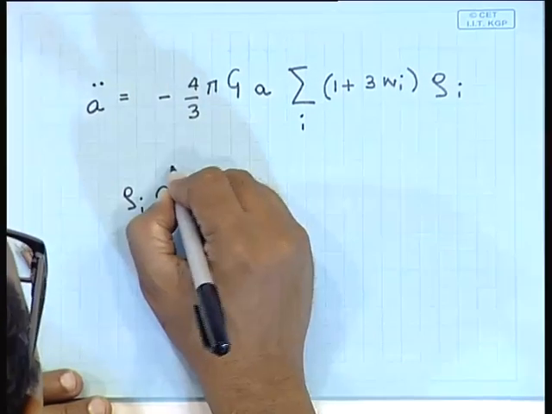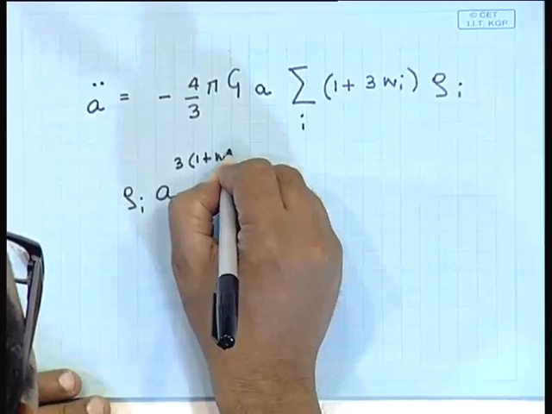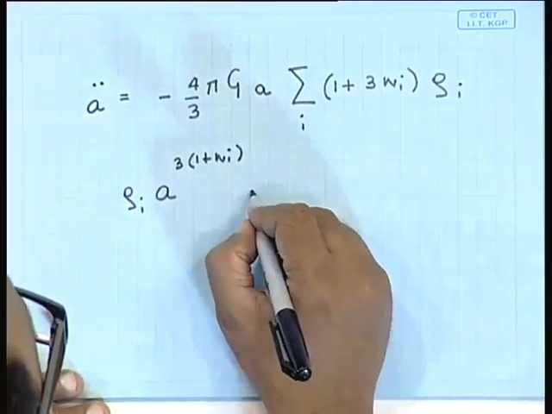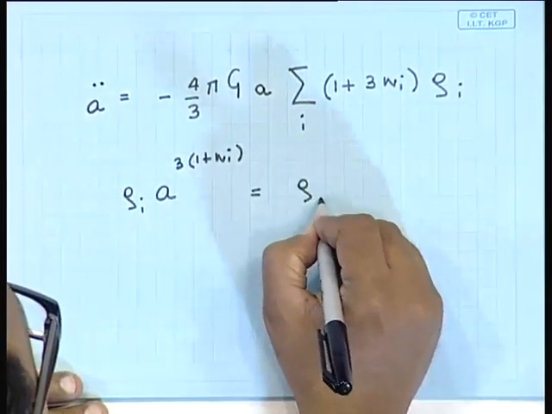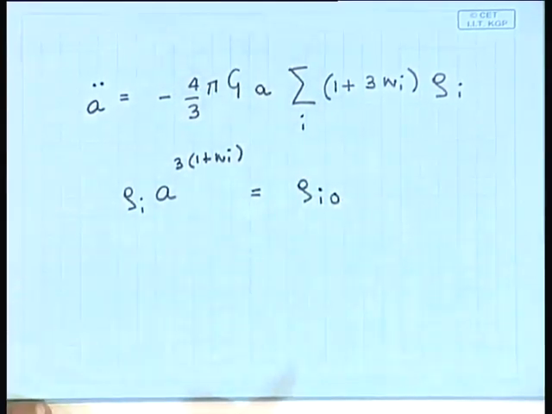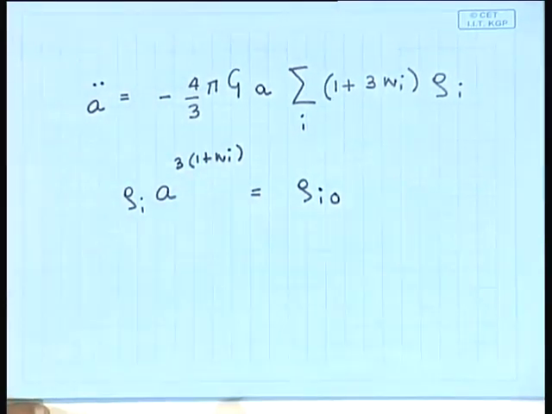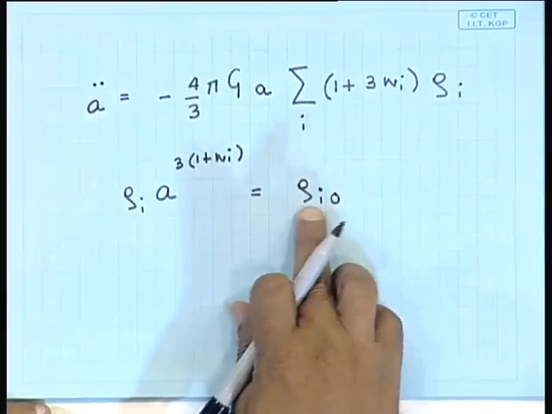So, the energy density of each of them is individually conserved: rho I into A to the power 3 (1 plus W I) is equal to rho I 0, the current value, since A naught is 1. So, this refers to the present value of that particular component.